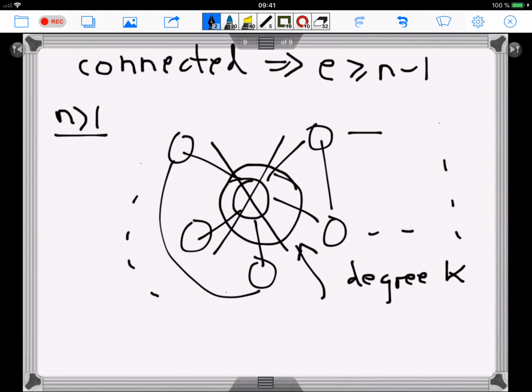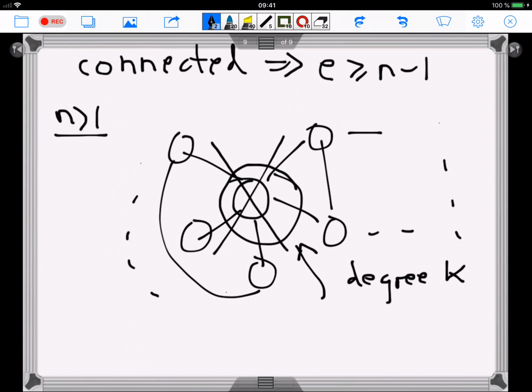What is going to happen is that now when I remove this vertex, I don't know if the graph is connected anymore. It may be not connected, okay? For instance, in this case, this vertex here would be isolated, okay?